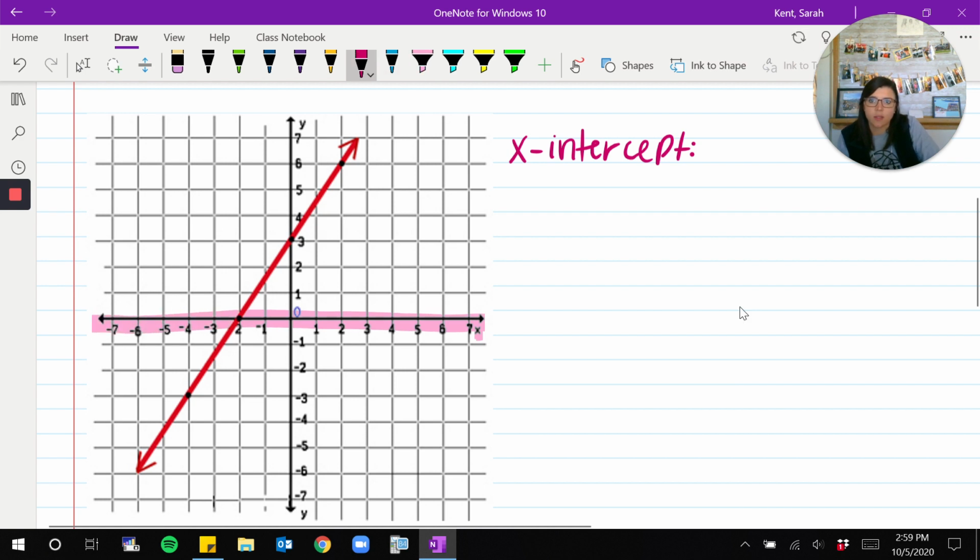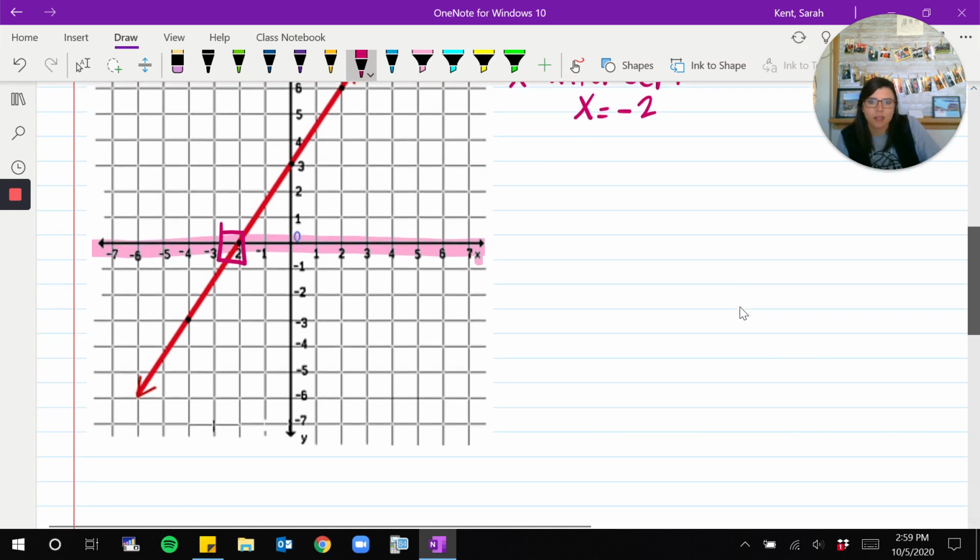So if I look at where this red line crosses the x-axis, we got the same answer. x equals -2.